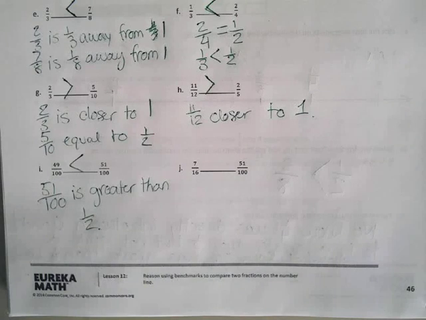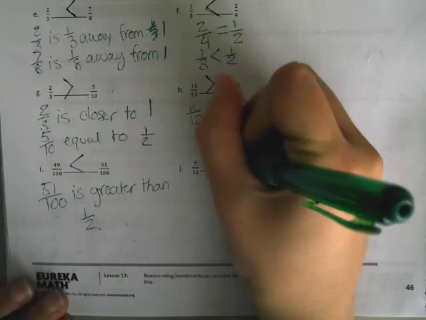It's closest to 1/2, but is it bigger than 1/2? No, it's smaller, because what fraction in the 16ths would equal half? 8/16. And 51/100, what's that closer to? It's closer to the half too, but is it bigger or smaller than a half? Bigger. So which one of these numbers is bigger? 51/100.